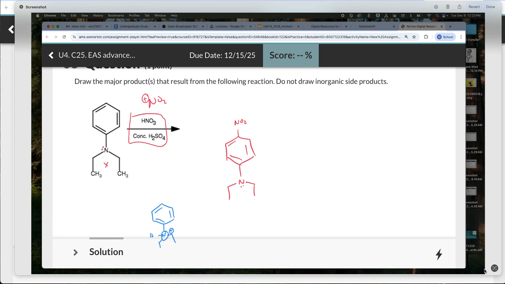It has less, which means it's a deactivator, which means meta-directing, which means your answer should be drawn with your NO2 at the meta position. Okay. Does that kind of make sense?